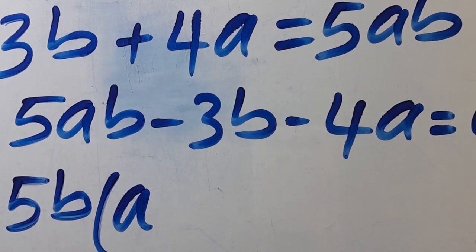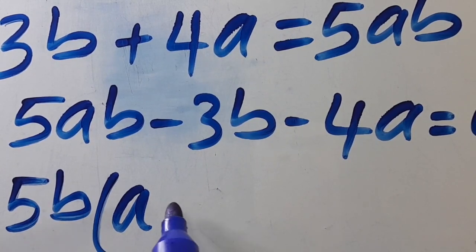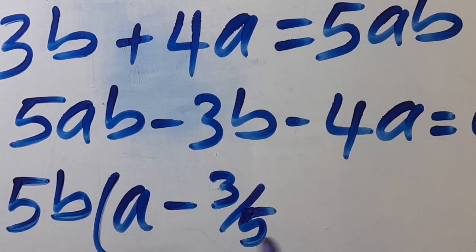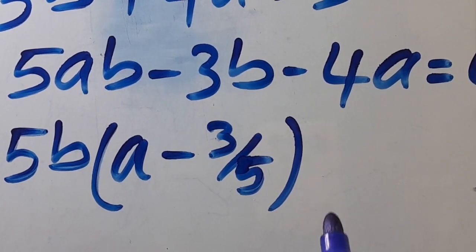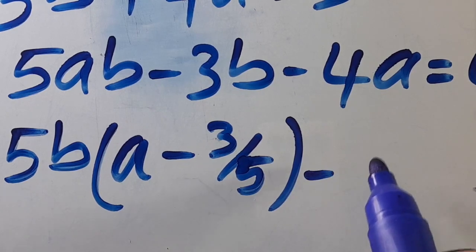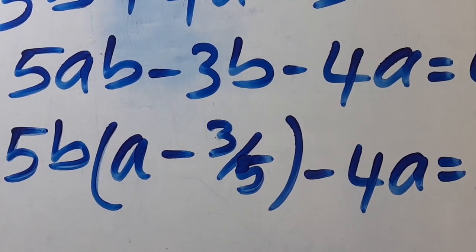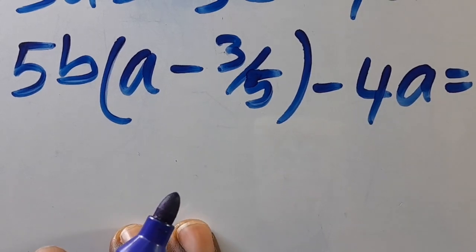Then from here, minus 3b divided by 5b is minus 3 divided by 5. And here we're now left with minus 4a. Everything equals 0. Then from here, let's do some manipulation and see what will happen.